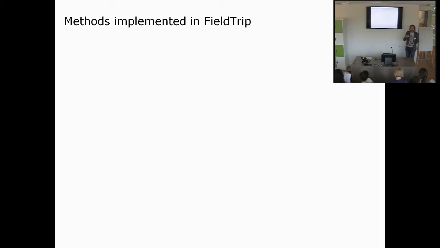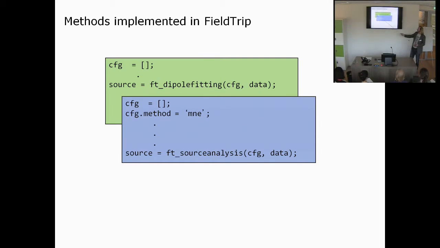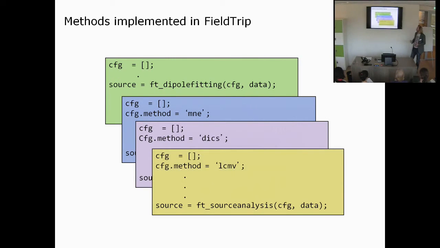We have a number of these methods implemented in FieldTrip. There are many different methods and many different versions of them, and not all of them are implemented in FieldTrip. But what you normally would do in FieldTrip is pre-process your data, and then after having constructed the volume conduction model, you could call ft_dipolefitting, or you would call ft_sourceanalysis, where you would specify cfg.method as minimum norm estimate, or as dynamic imaging of coherent sources, or linear constraint minimum variance beamformer.